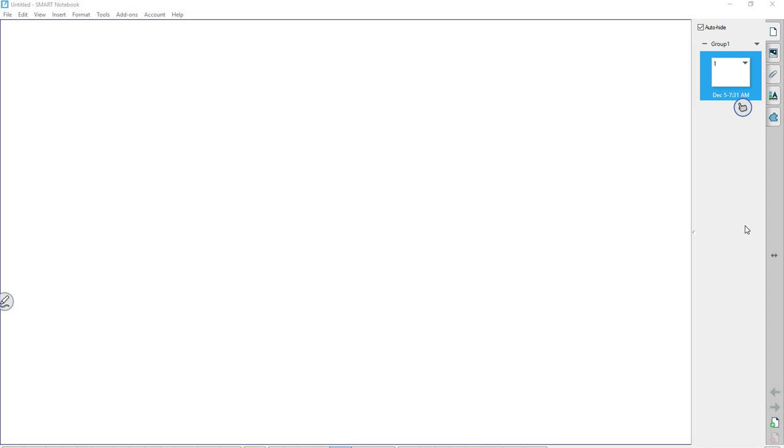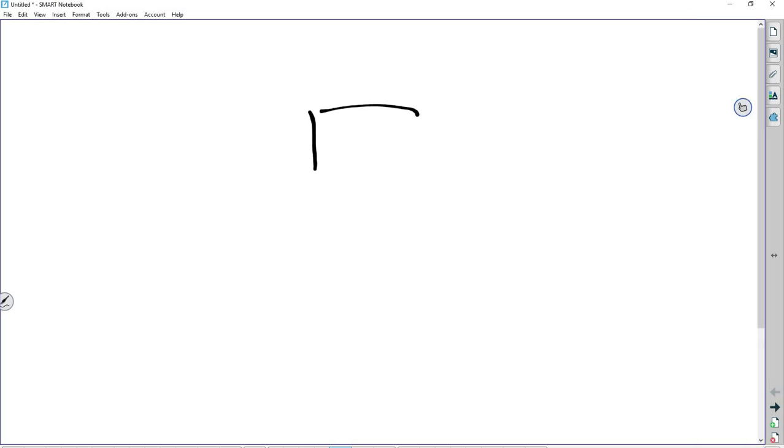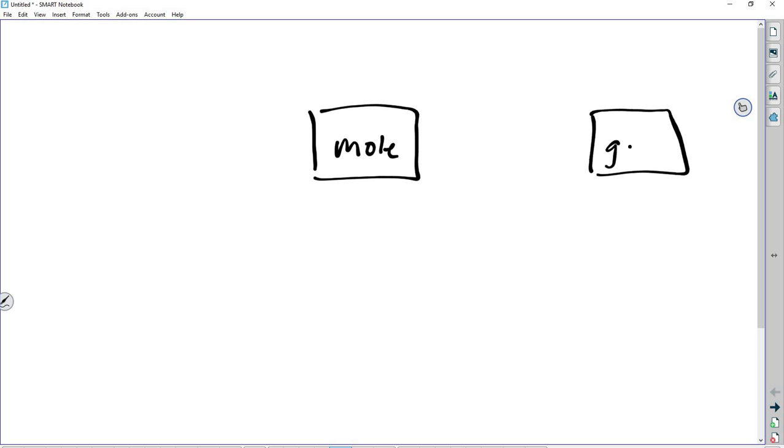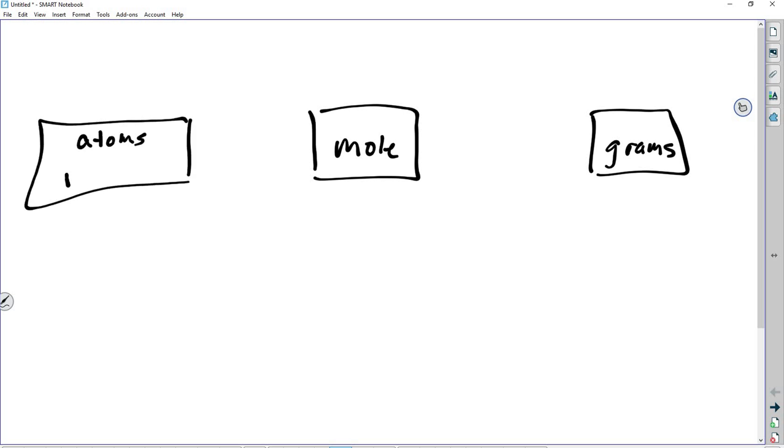So, knowing what to do for the whole map, for different problems you do different things, but I just kind of get confused on, based off what it's asking, what I should do. Okay, so the big thing with the mole map, first thing you want to do is figure out where you're at, and that will tell you what you need to do.